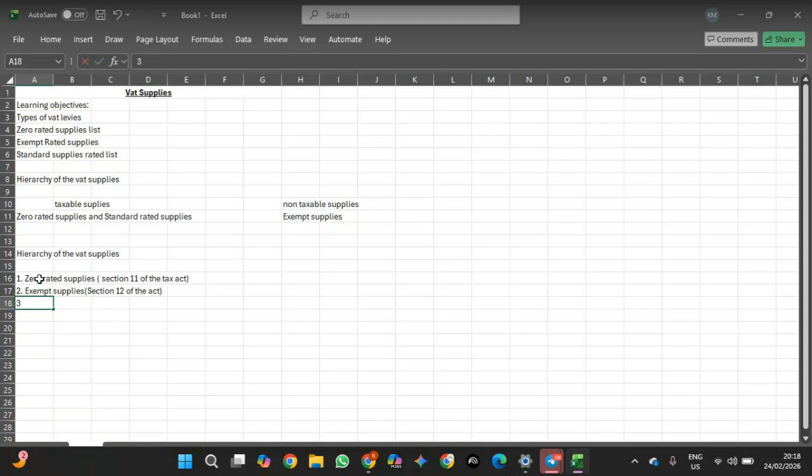Then number 3, the last: if the item is not zero rated and it's not exempt, then it's most likely a standard rated supply.